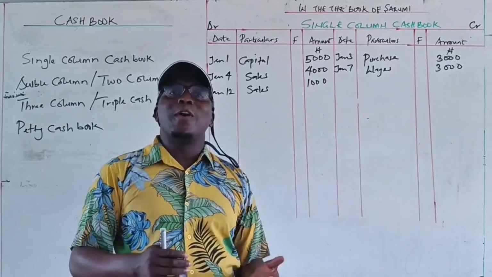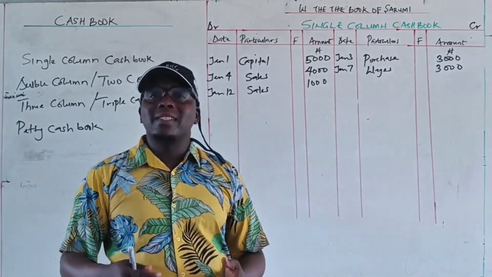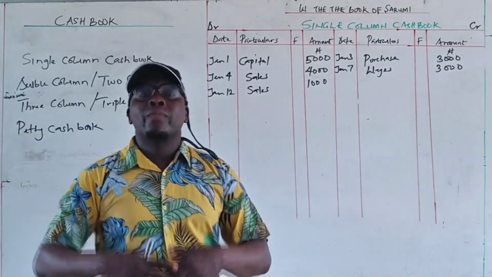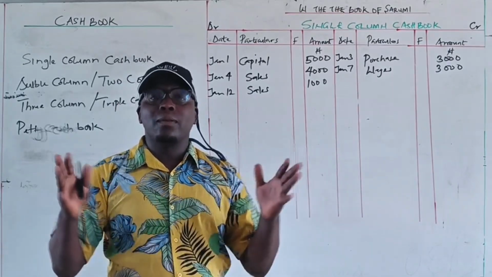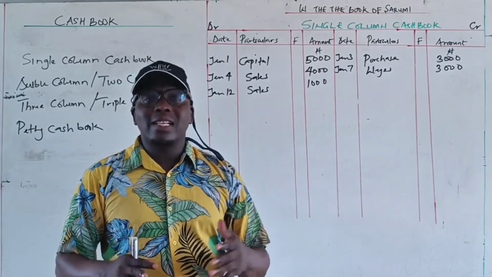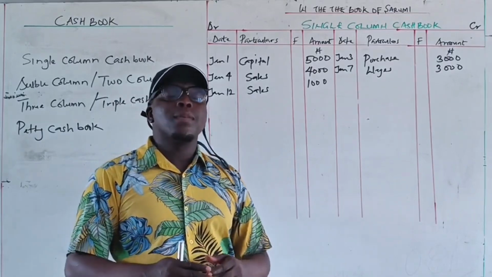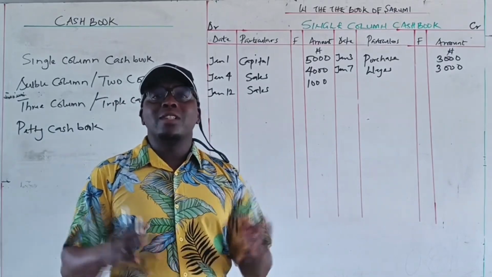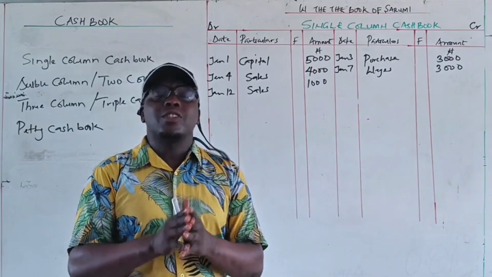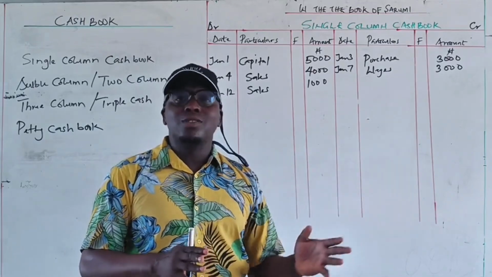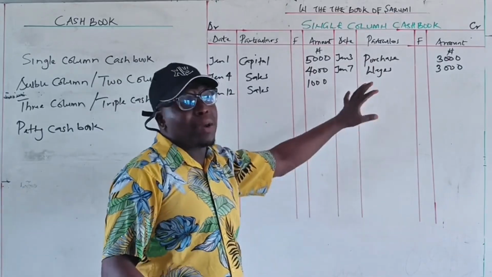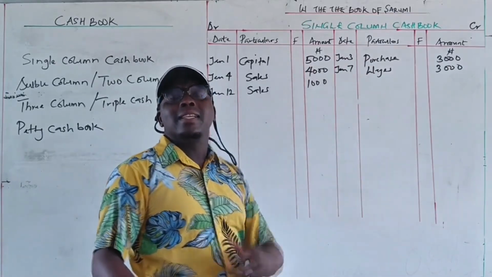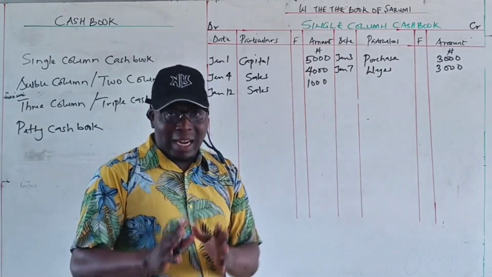So the next question is January 15, cash purchases. It is the opposite of cash sales. It simply means purchase goods for cash or bought goods for cash. That is the full meaning of cash purchases. The two parties of account involved in that transaction are the purchase account and the cash account. Mind you, this single column cash book is a replica of our cash account.